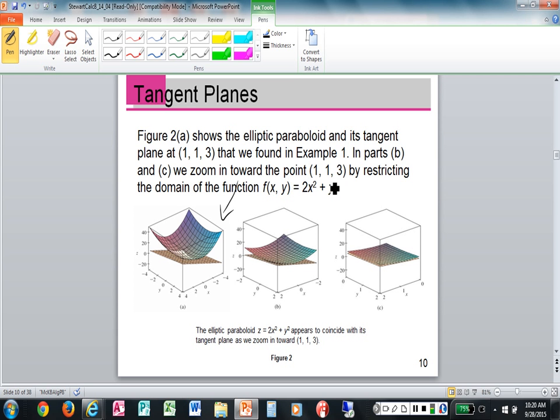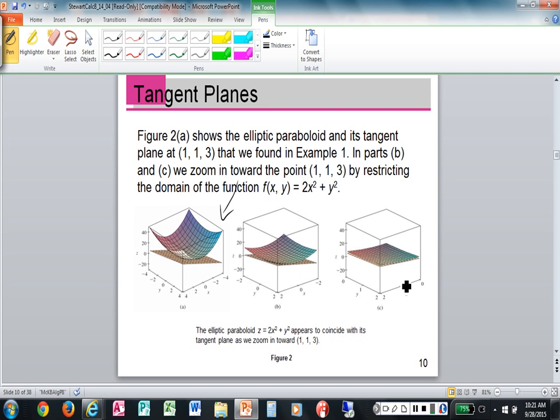And so in the middle one, what did they do? We've zoomed in a little bit, right? Now instead of negative 4 to 4 for x and y, we're going negative 2 to 2. And so we zoomed in a little bit to the point there, and you can see it's flattening out a little bit, the surface.